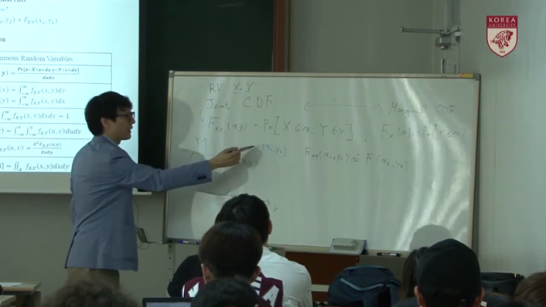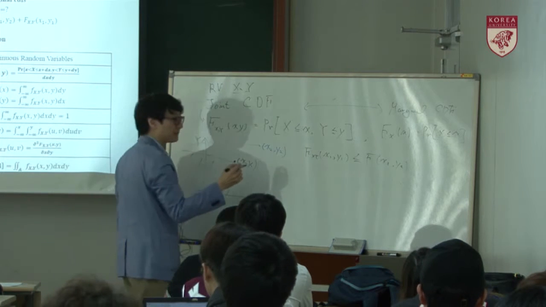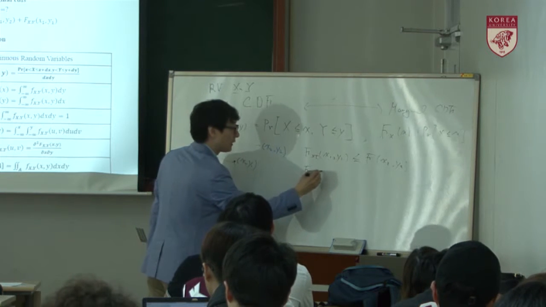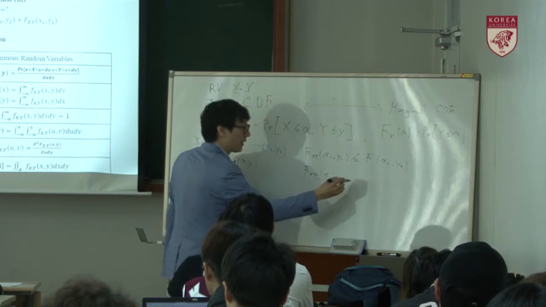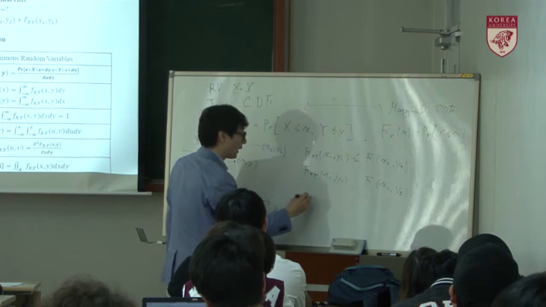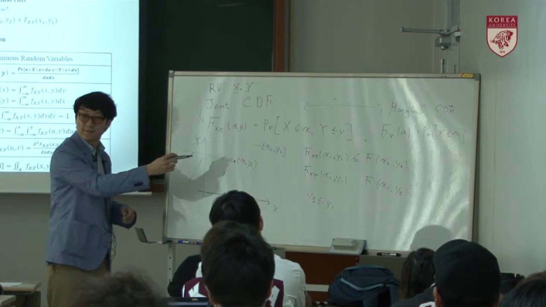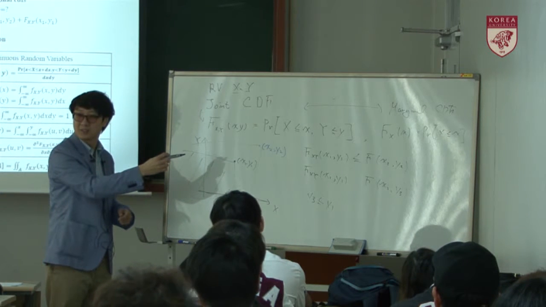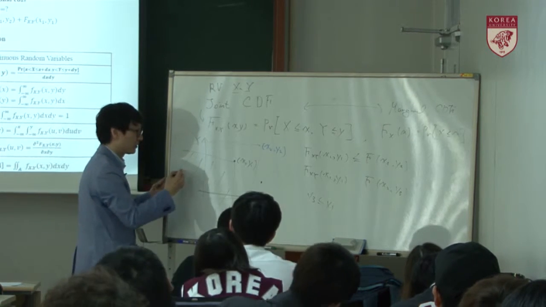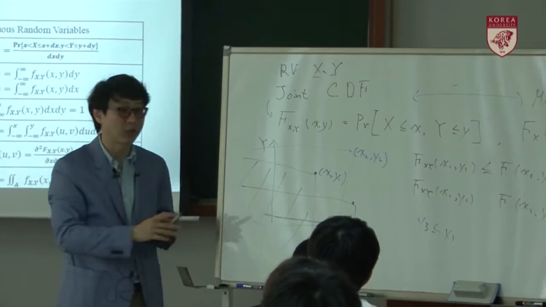Definitely, because it covers a wider range. But how about comparing F_XY of x1, y1 with, let's say, x2 and y3, where y3 is less than or equal to y1? In this case, can you make any conclusion? No, because in this case it is located here, so its range is like this. We cannot easily compare this one and this one; we have to calculate.